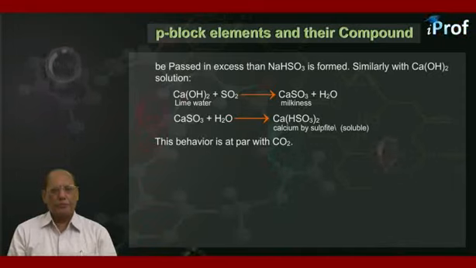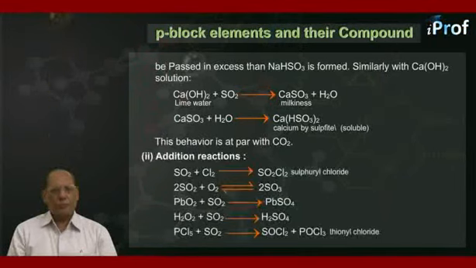the reactions are Ca(OH)2, that is known as lime water. On passing SO2 into it, we first get CaSO3, it gives milkiness in the solution, plus H2O. Then, if we continue passing SO2, the second reaction is CaSO3 plus H2O plus SO2.